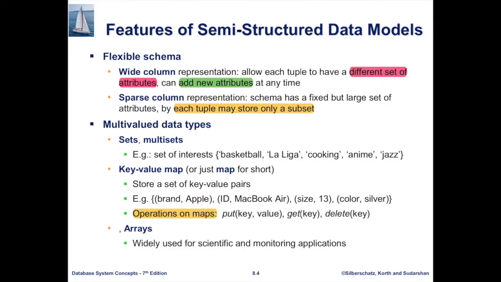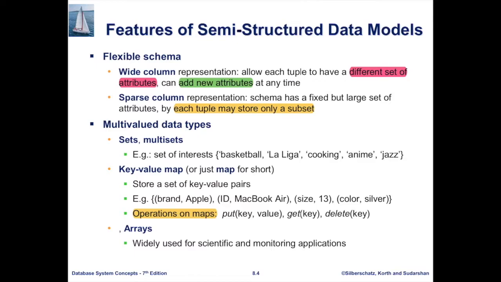Okay, so what are the features of a semi-structured data model? May tinatawag tayo na schema na flexible. In the initial phase of our discussion tungkol sa mga relational data models, wala tayong tinatawag na flexible schema. Pero for semi-structured data models, we can have wide columns, we can have sparse columns, and iba yung two types of representation na to.